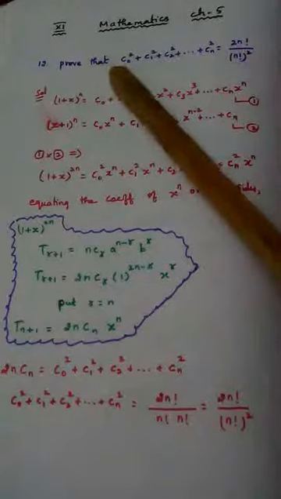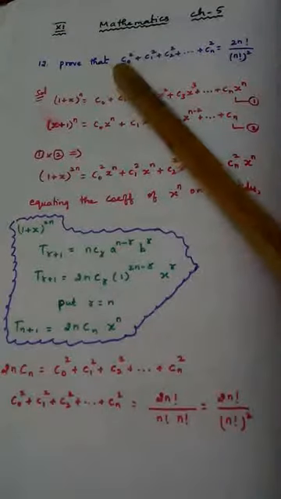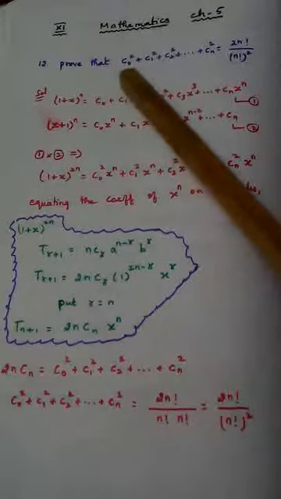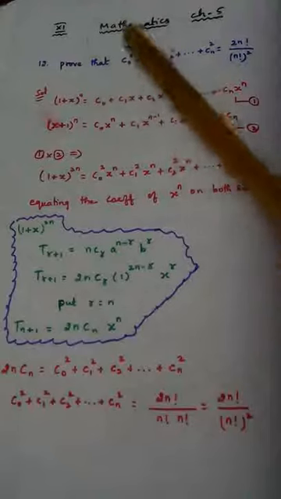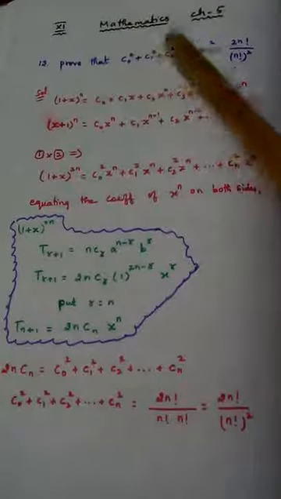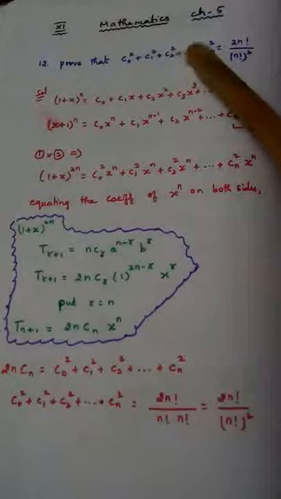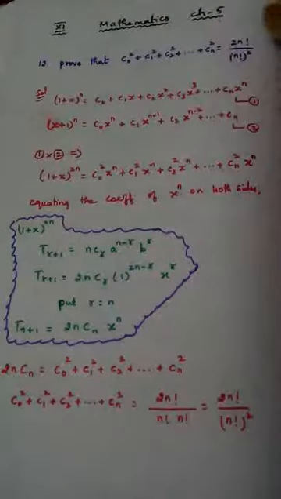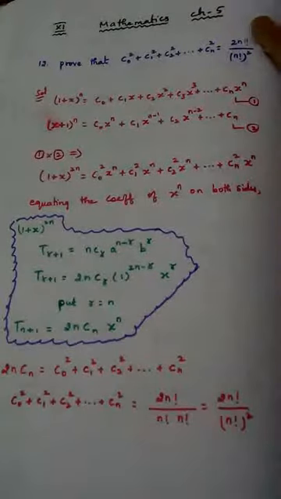They have not given n. So nc0 square plus nc1 square plus nc2 square plus etc. ncn whole square, we have to prove that it is equal to 2n factorial by n factorial whole square.